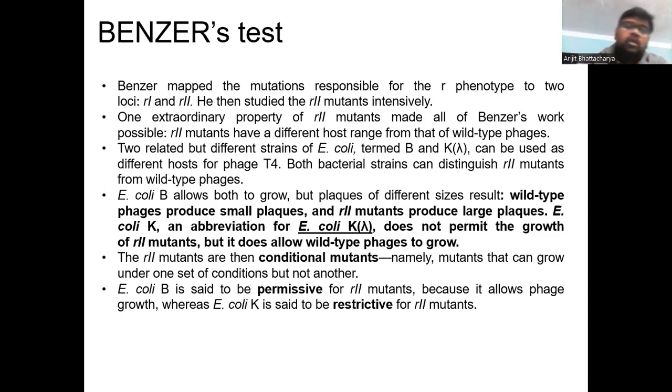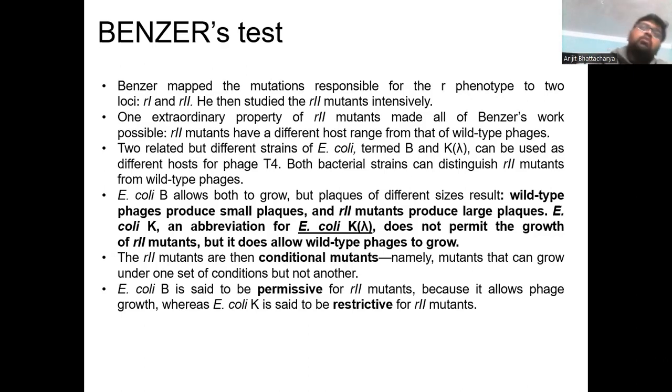They identified two sets of mutants which they named R1 and R2 mutants. They found out that R2 mutants are better to study as there is a signature characteristic of these R2 mutants, and therefore they thought, let us try to map the R2 loci in the phage genome through this mutant-based and recombination-based mapping, what we have already discussed.